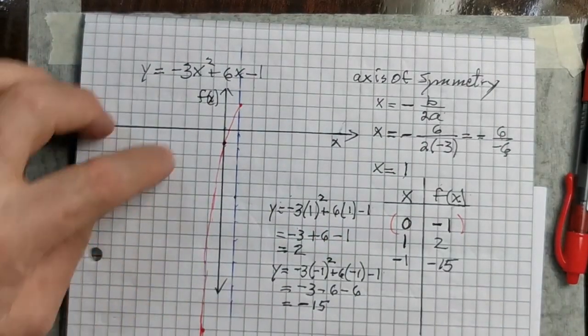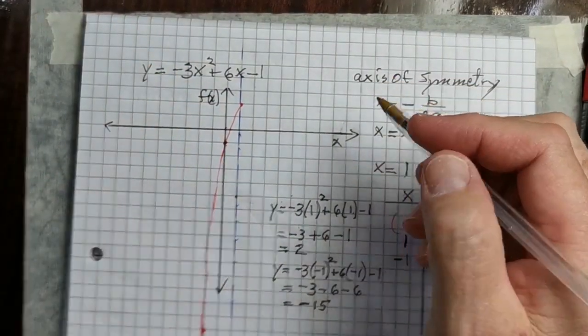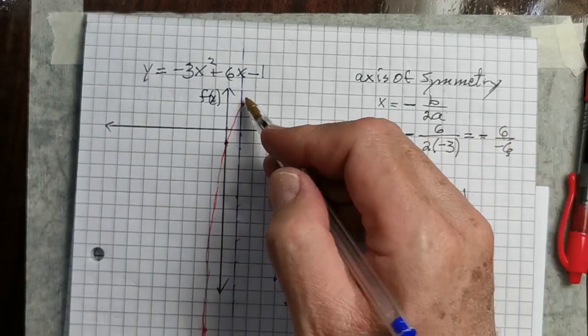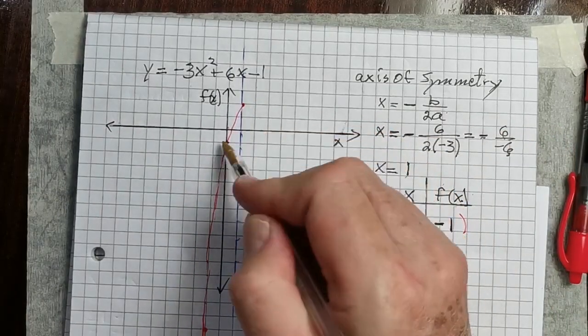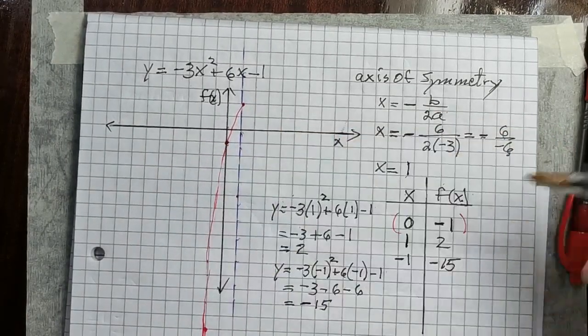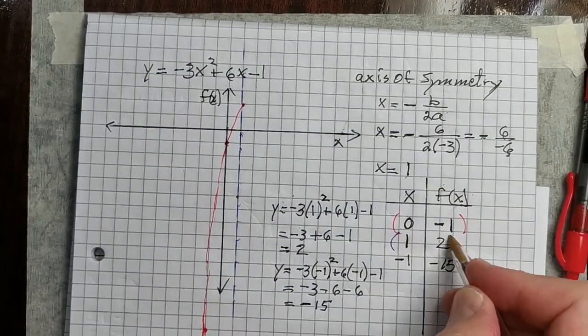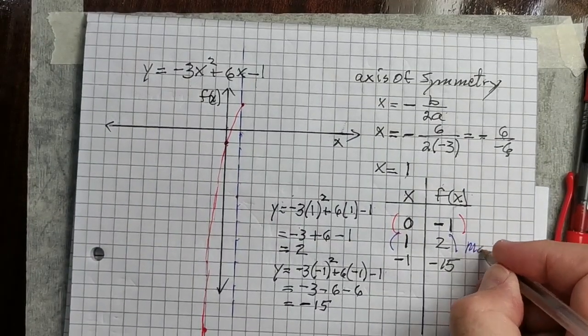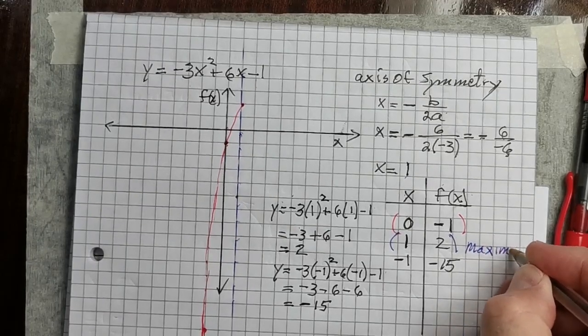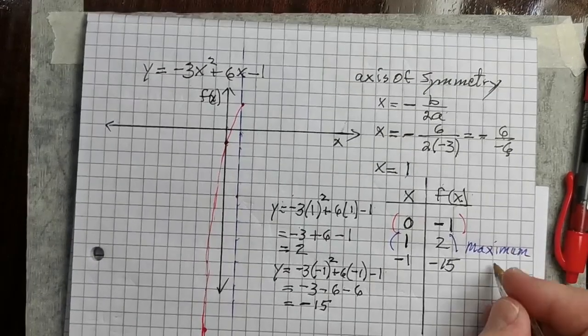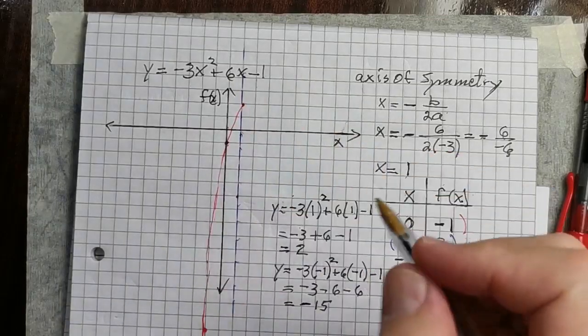This is our axis of symmetry, x equal to 1. Okay? So that point right there, 1, 2, should represent what? Our maximum, shouldn't it? That should represent our maximum right there, maximum.